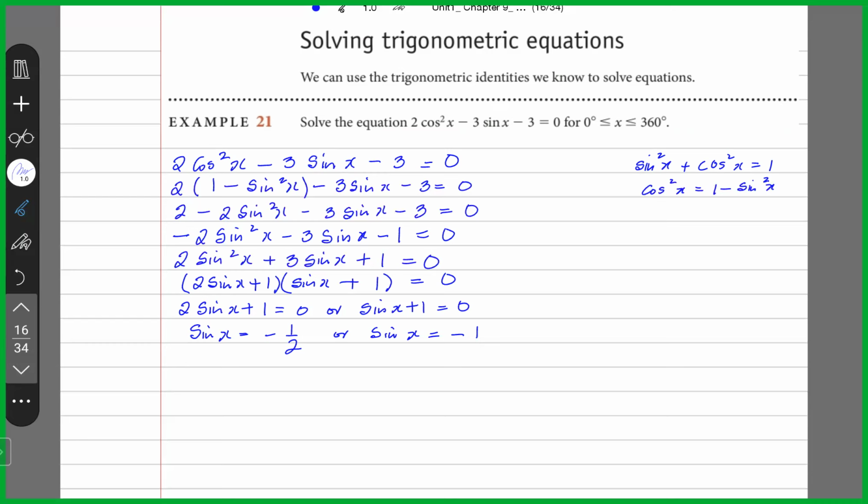So I'm looking for answers between 180 and 270, and between 270 and 360, because sine is negative in the third and fourth quadrants. Starting here, x is equal to sine inverse of minus a half, and over here, x is equal to sine inverse of minus 1.